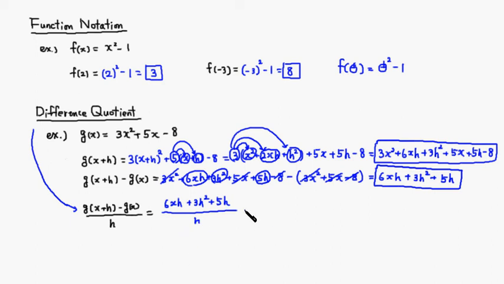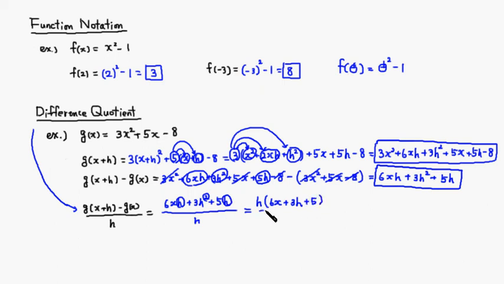Luckily, all three terms on top have h in them, so I'll factor h. From the first term, you have 6x left. From 3h squared, you have 3h left. From 5h, you get 5 left over.